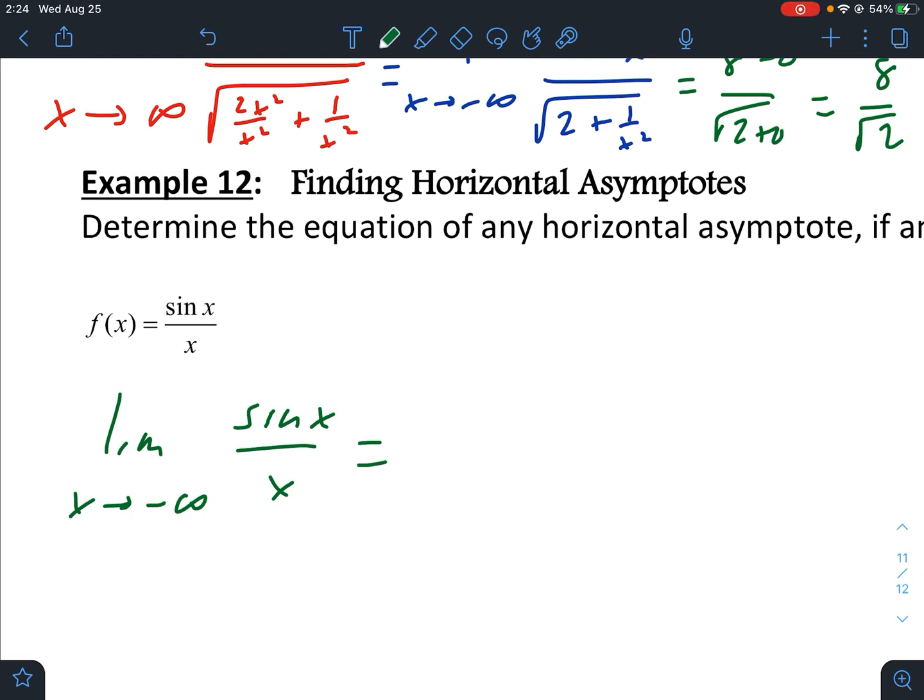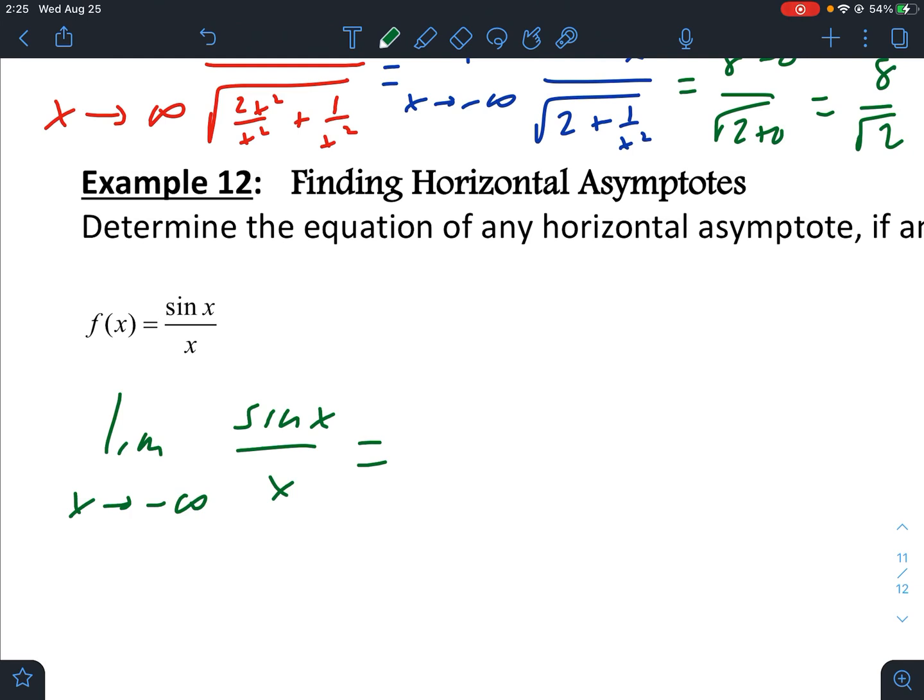The numerator, we know we're going to get some number between 1 and negative 1. And the denominator, we're going to get a huge number, right? As we get more towards the left side, closer to negative infinity, we would get a large negative number.